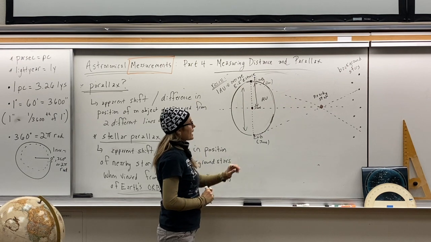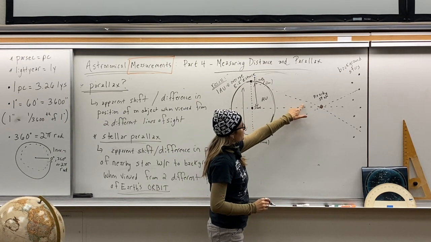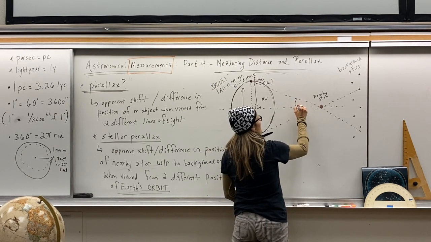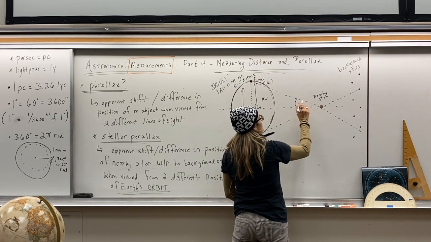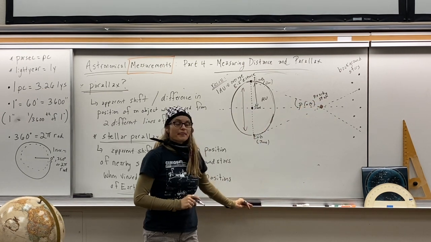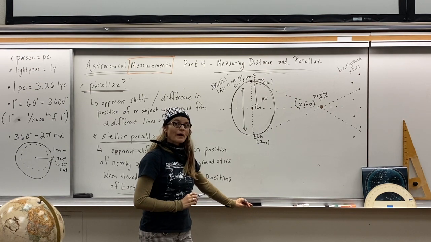Okay? And this angle right here on either side is going to be your parallax angle. We call that P, or if we relate it to angular size, it's theta, in radians.